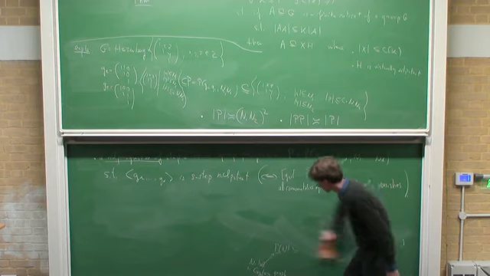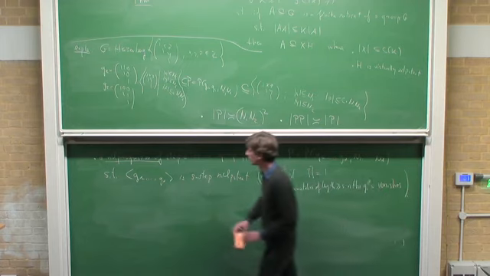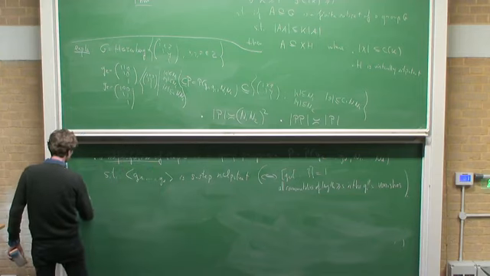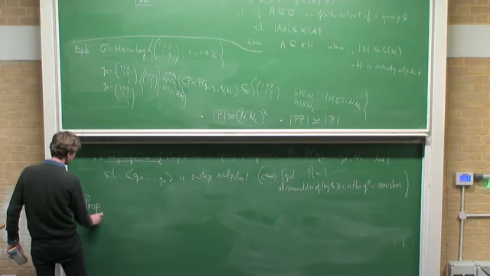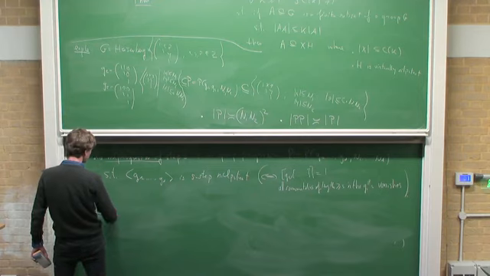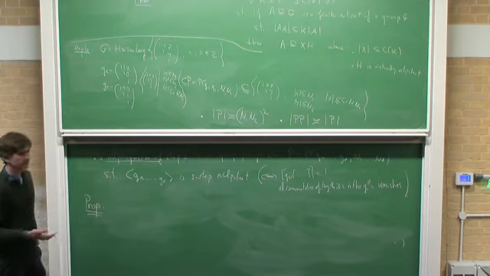Okay, and so if you're in this situation, then this is the first proposition: any nil progression is an approximate group.